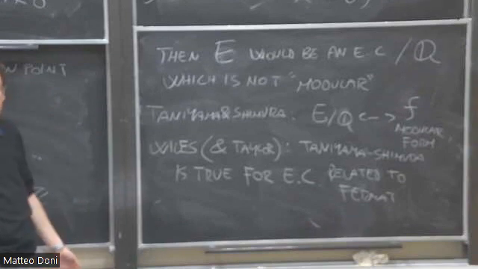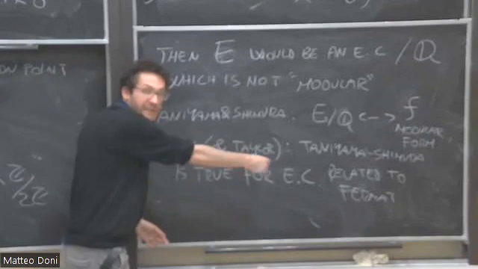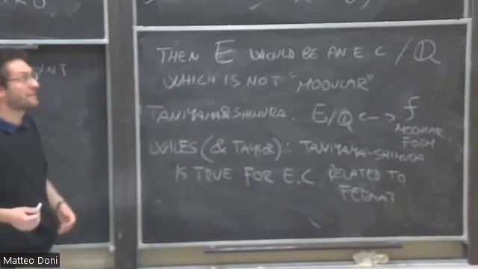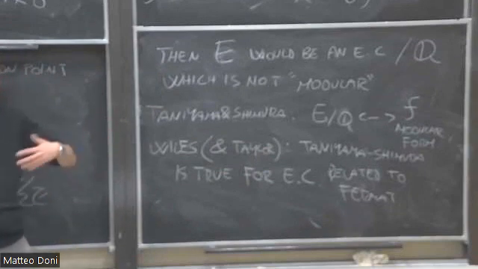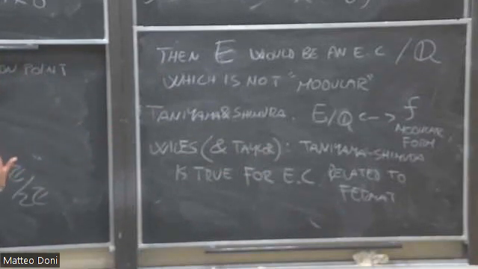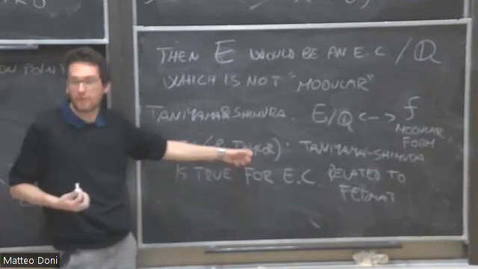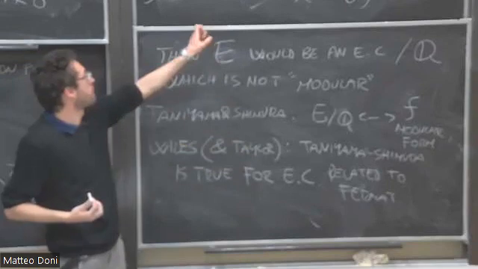And he did it, but also with help from Taylor. So Wiles, yes, I think he did 90% of the work, and he deserves all the critical acclaim he gets. But the contribution from Taylor is really, really important, at least for this problem.